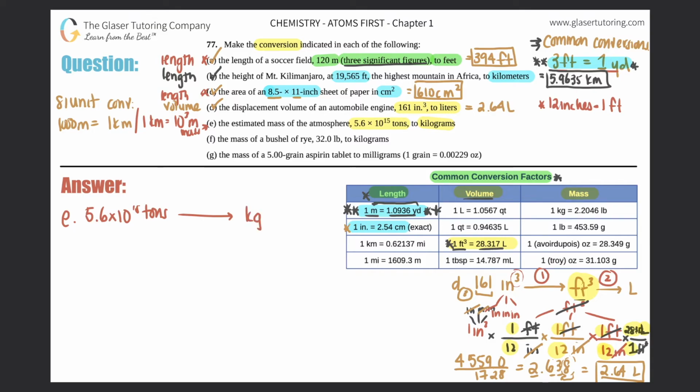Okay. Now here, I see that I have 1 kilogram is equal to pounds, pounds and grams, grams to ounces. So actually, there's another common conversion that you have to know, and it is 1 ton equals 2,000 pounds.